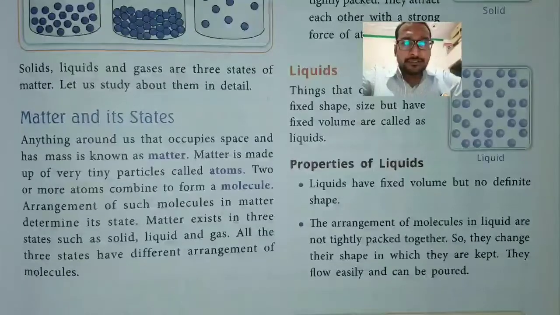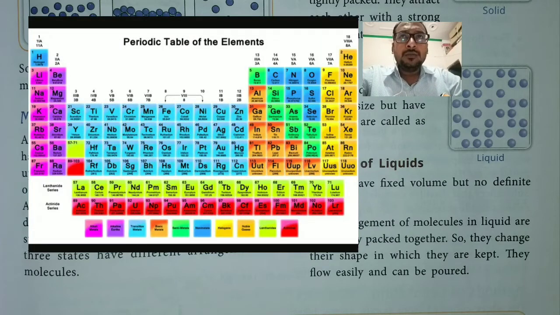Matter and its states. Anything around us that occupies space and has mass is known as matter. Matter is made up of very tiny particles called atoms. As you know, we know about elements. Every substance is made up of different types of elements, and it is given in the chemistry periodic table.